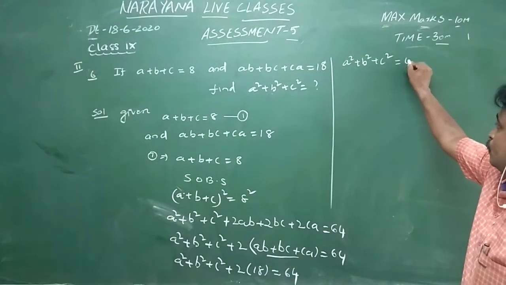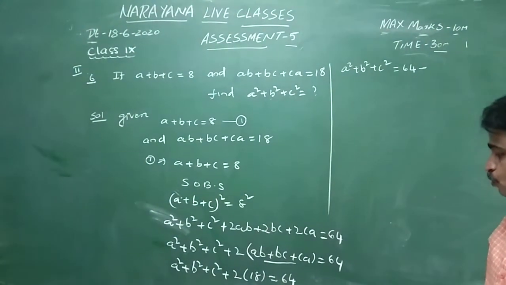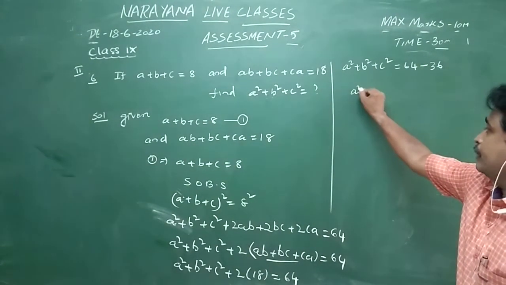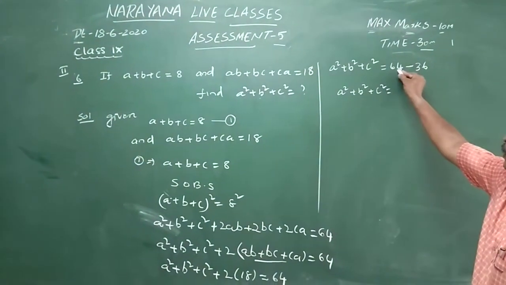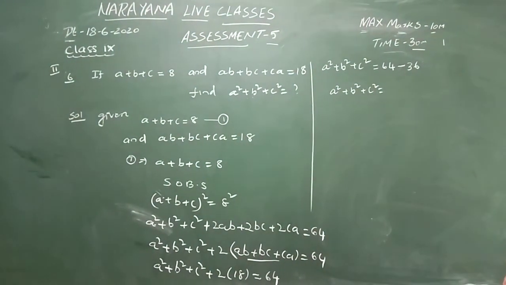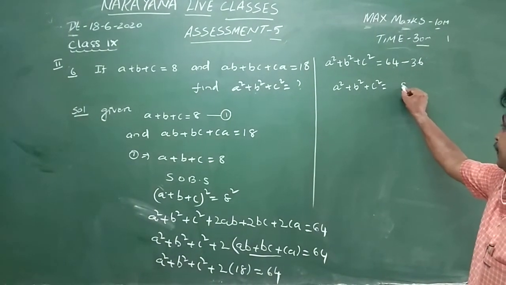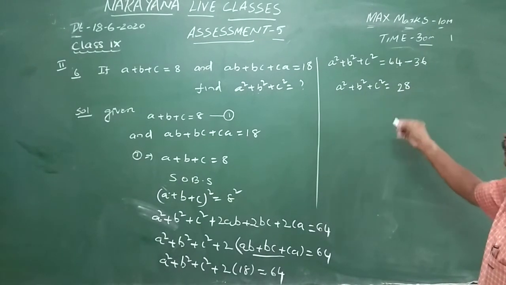That is equal to 64, transfer to the right side, minus 36. So therefore a square plus b square plus c square is equal to 64 minus 36. What is the value? 14 minus 6 is 8, and 5 minus 3 is 2, so 28.